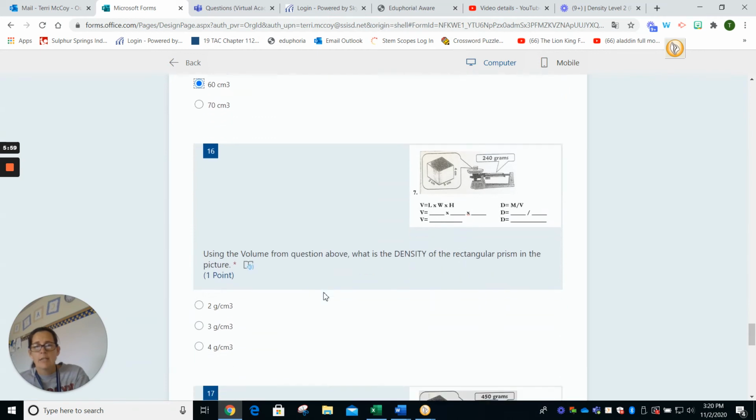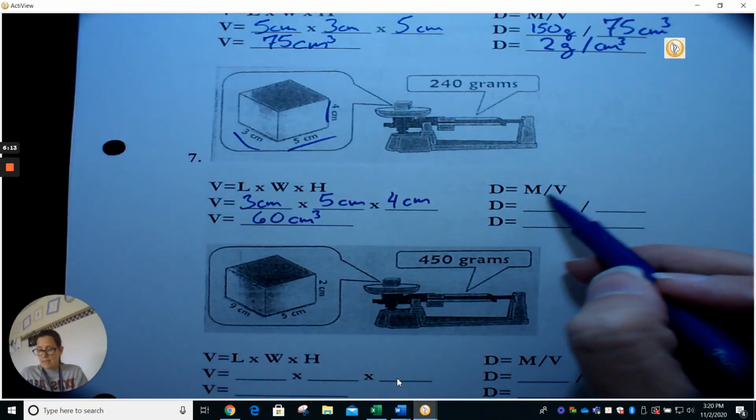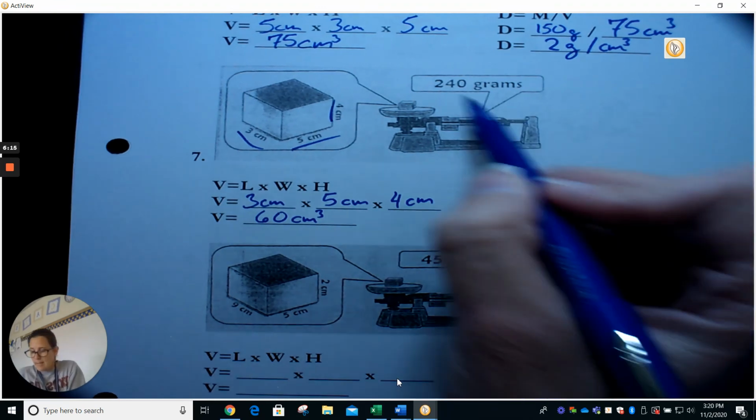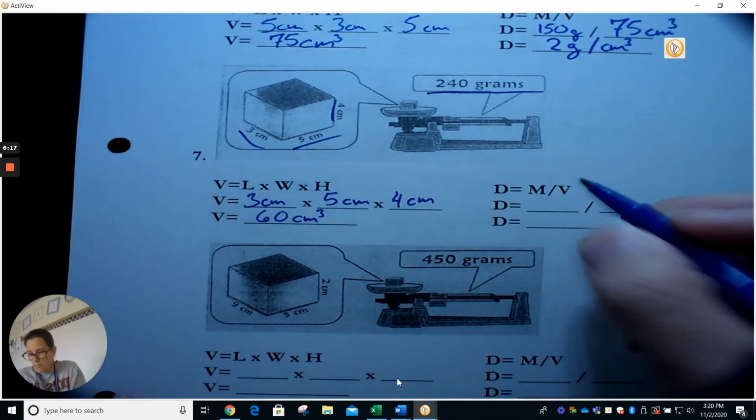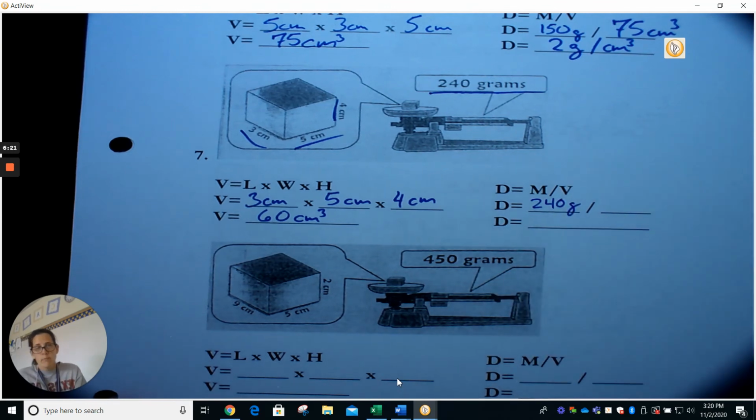And now next, using the volume from the question above, which was 60, what is the density of the rectangular prism in the picture? So this is the same picture as the one above. Let's figure out that density. So density equals mass divided by volume. Our mass is given to us right here, 240 grams.